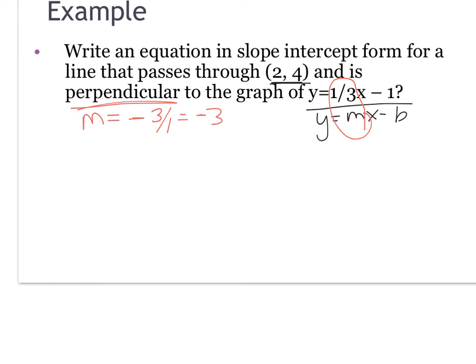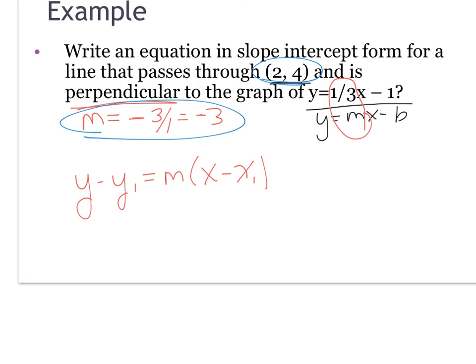So I'm going to create a line using the point-slope formula, because I have a point right here, and I have a slope right here. So y minus 4 equals negative 3 times x minus 2. Distribute.